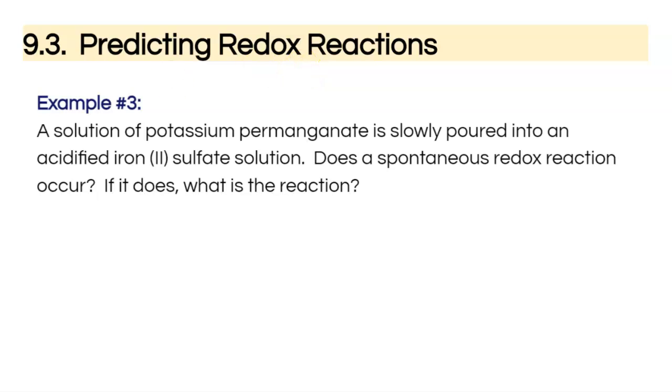So here we have a solution of potassium permanganate that is poured into an acidified iron 2 sulfate solution. The question is, does a spontaneous reaction occur? And if it does, what is the reaction? What I want you to focus on is the first part of this question, which is, does a spontaneous redox reaction occur?